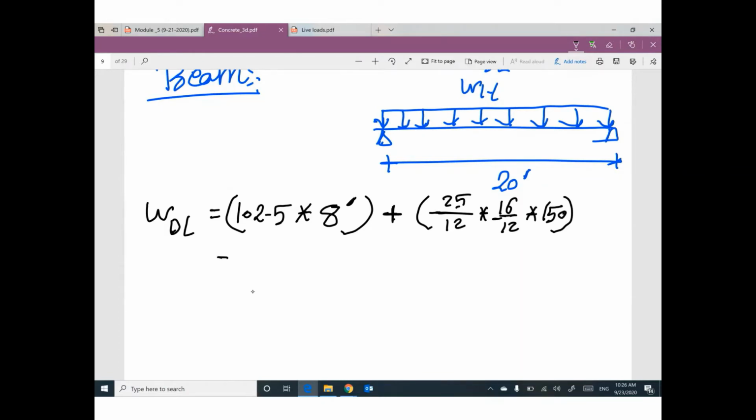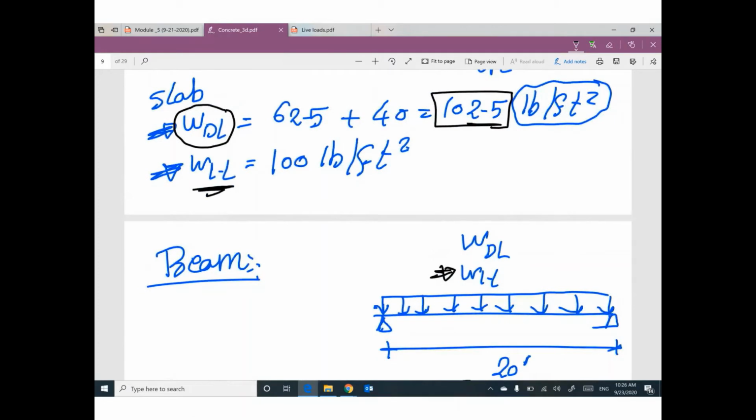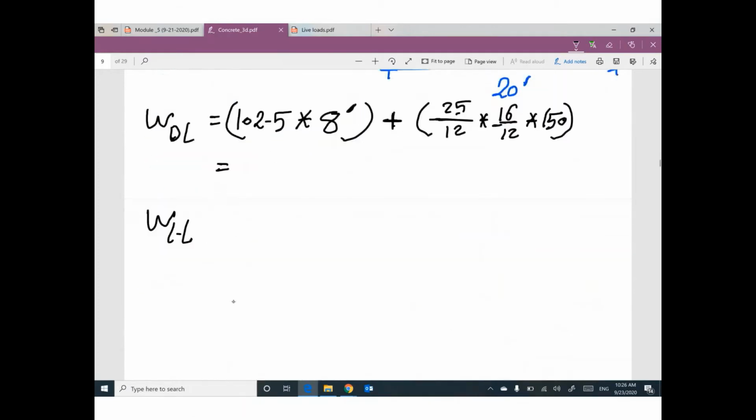W live load on the beam will be this W live load of the slab, which is 100 times 8 feet, and that's it, equal 800 pound per foot.